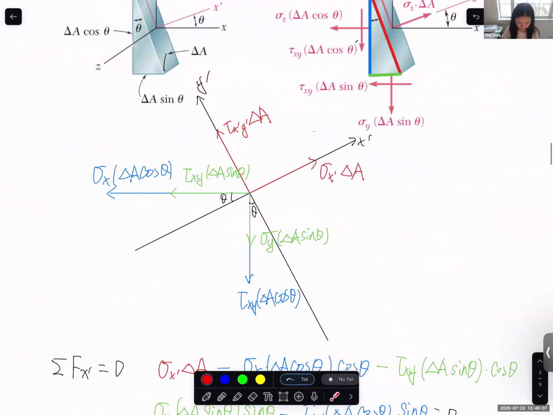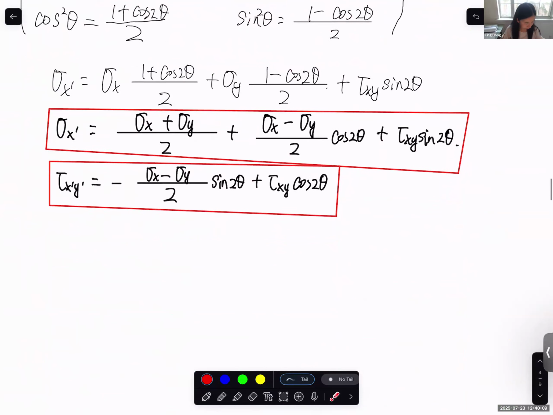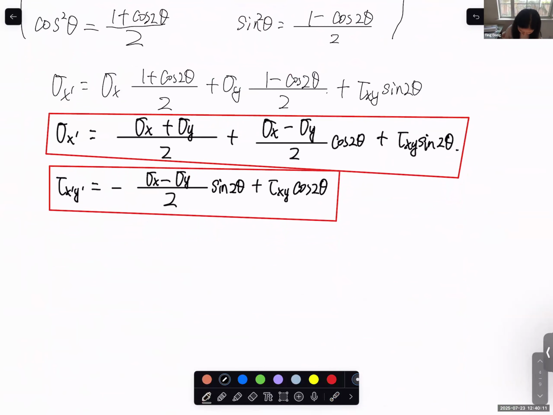So let's choose the easy way for the derivation. We replace theta with theta plus 90.